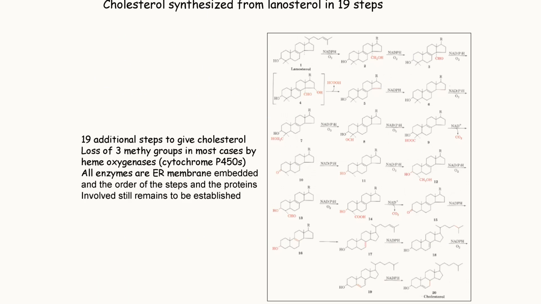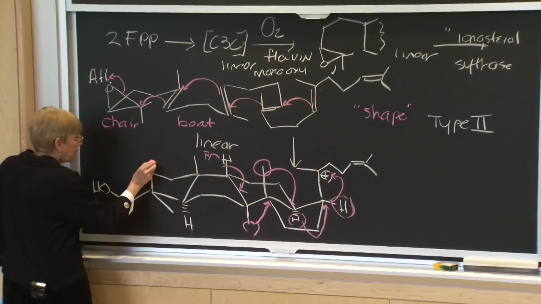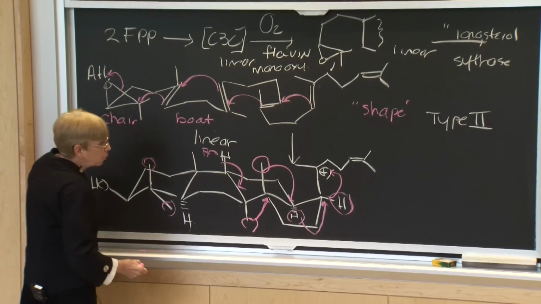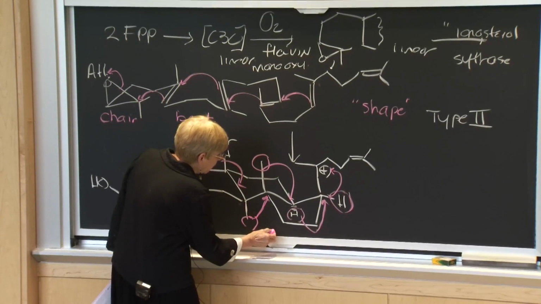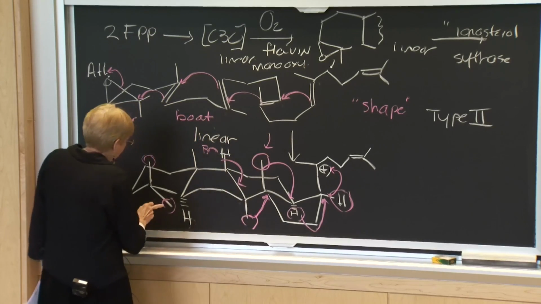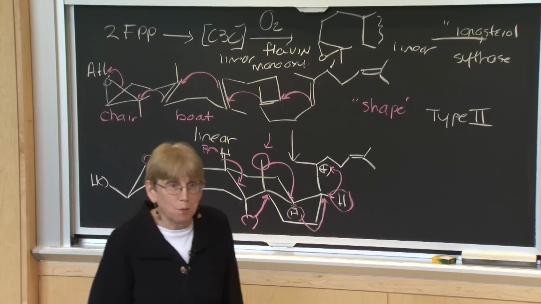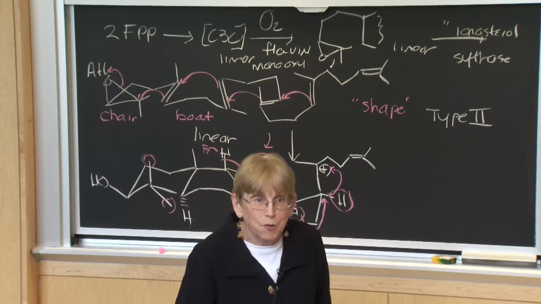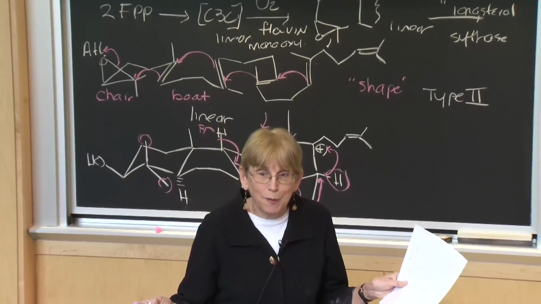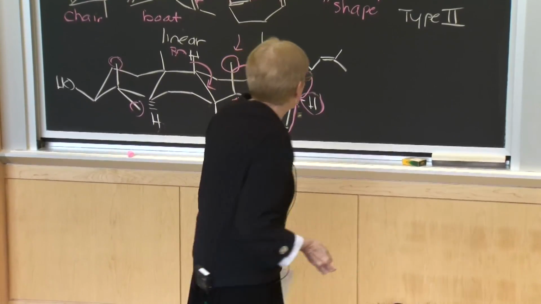And so we still aren't quite there yet, because if you look at this structure and the final structure of cholesterol, you have a methyl group here, here, and here. So we have one, two, three methyl groups. And if you look at the final product, cholesterol, they're all gone. So you need 19 more steps to get to cholesterol. Okay, this is not a simple biosynthetic pathway.